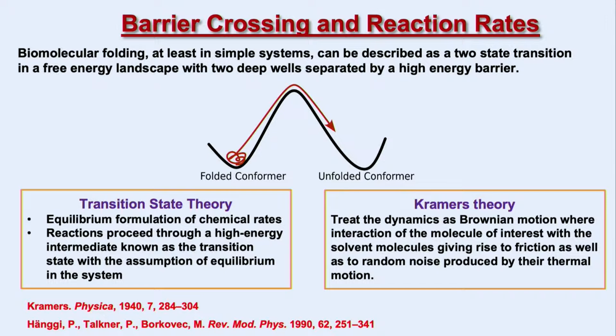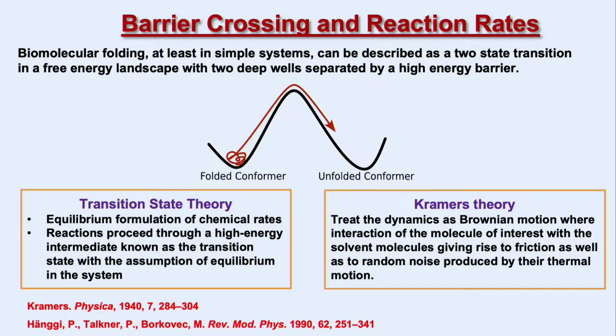Then came the seminal work by Kramers, which combines rate theory with the theory of Brownian diffusion, where the molecule follows Brownian motion, and its interaction with the solvent gives rise to a friction as well as a random noise produced by the thermal motion.